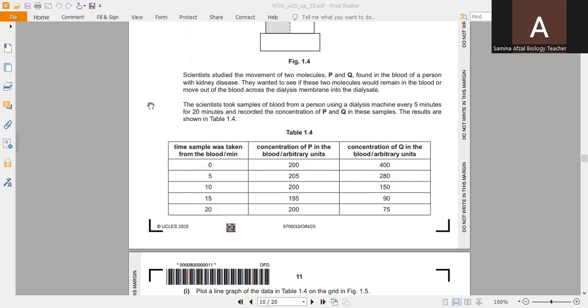The scientists took samples of blood from a person using a dialysis machine every 5 minutes for 20 minutes and recorded the concentration of P and Q in these samples.